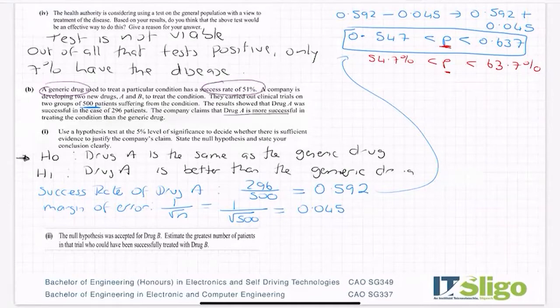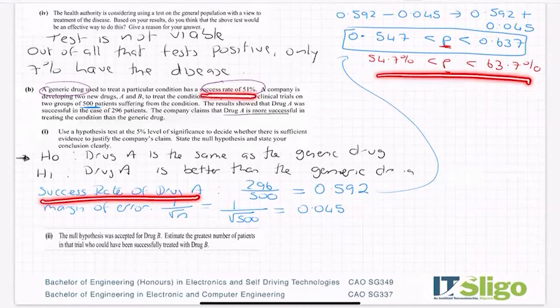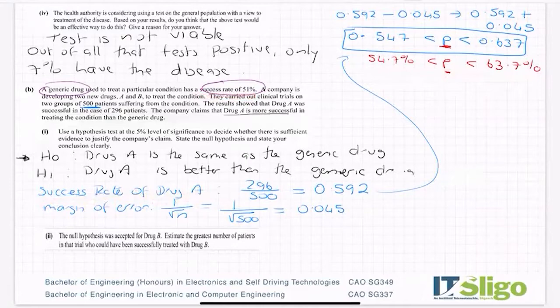So you compare its data with your data for drug A. You can see that our drug A, even with us taking a chunk off for a guard band, or what we call a margin of error, is still better than the 51%. So in fact, we can conclude that drug A is better than the generic drug of 51%.